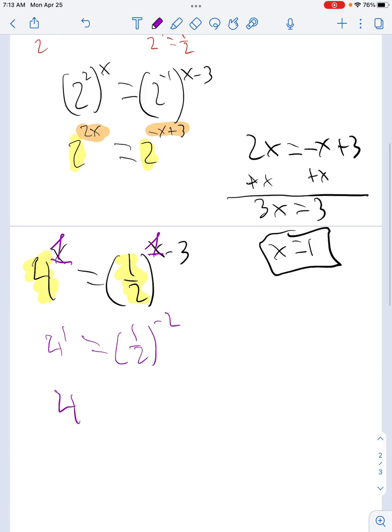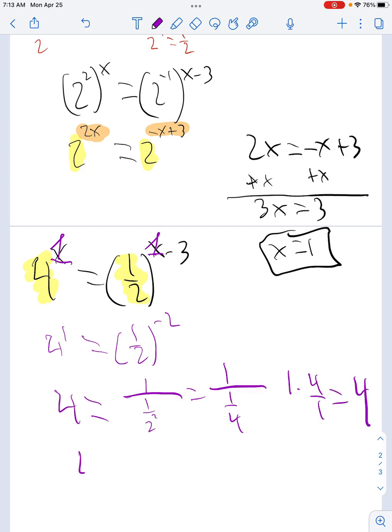So 4 equals 1/2 to the negative 2, which is like saying 1 over 2 squared, which is 1 over 1/4. A fraction of a fraction is really keep, change, flip. So we do, in fact, get an answer of 4 equals 4. So this solution checks out.